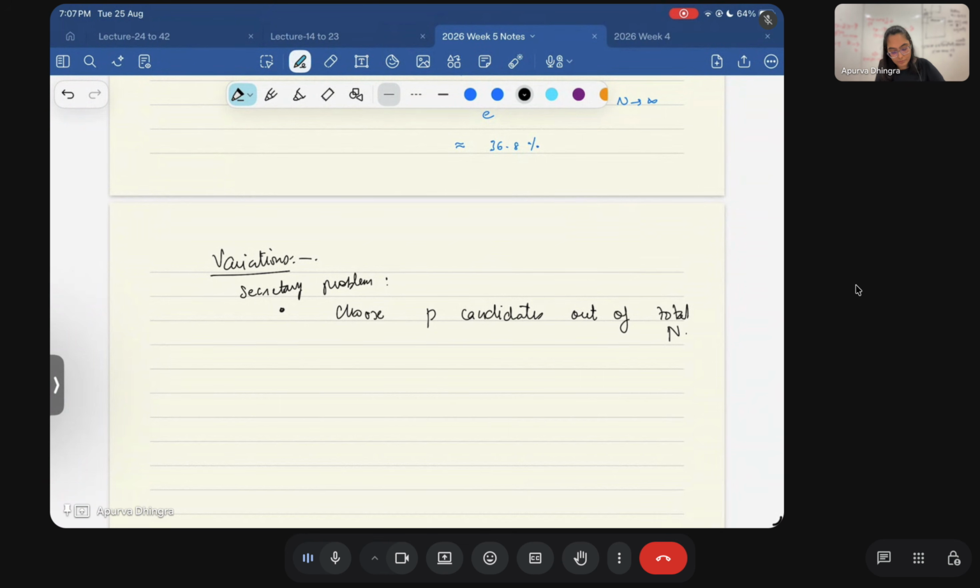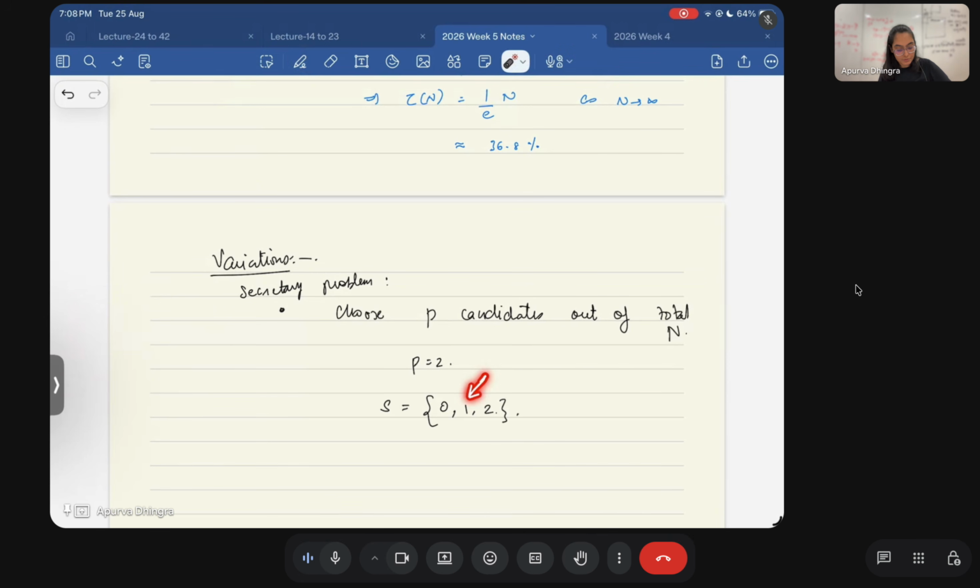See, suppose P was 2, meaning you needed to choose 2 candidates, then you need to have a way of knowing if the current candidate you're seeing is the best so far, or is the second best so far, or is neither of them. So your state space now has to include 0, 1 and 2. But you need to be able to distinguish between these two.